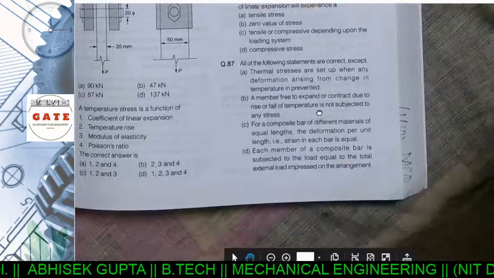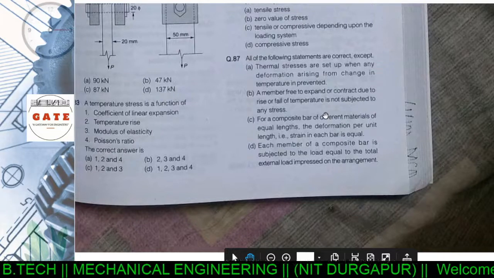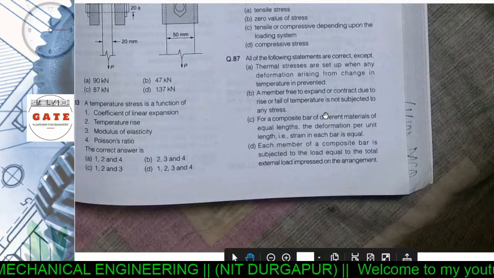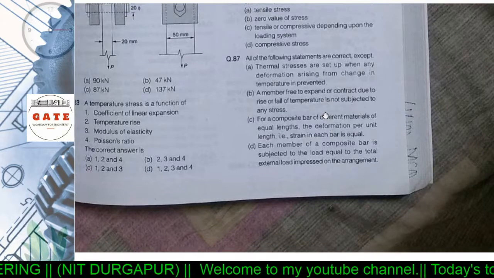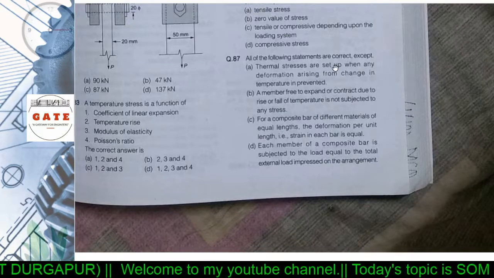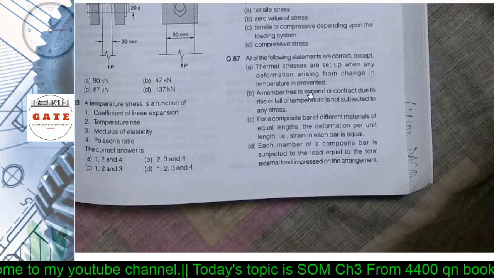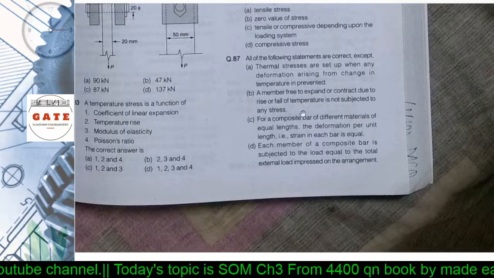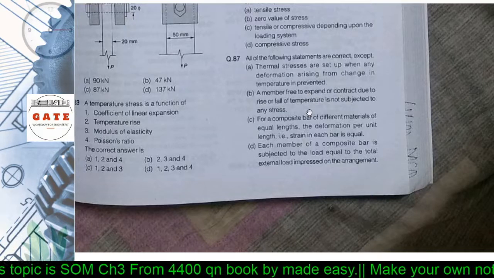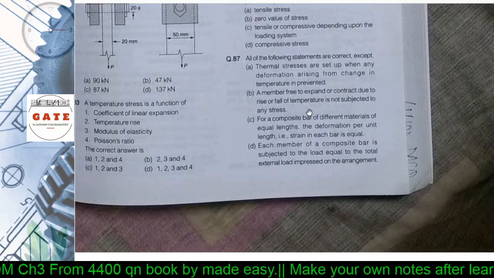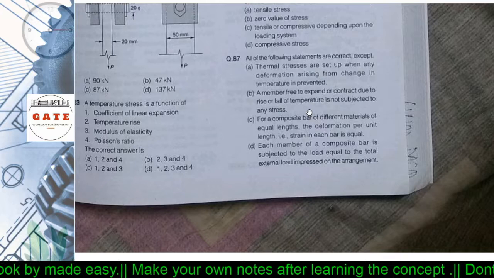Question number 87. All the following statements are correct except one; you have to find which is false. Thermal stresses are set up when any deformation arising from change in temperature is prevented. Next, a member free to expand or contract due to rise in temperature is not subjected to any stress.